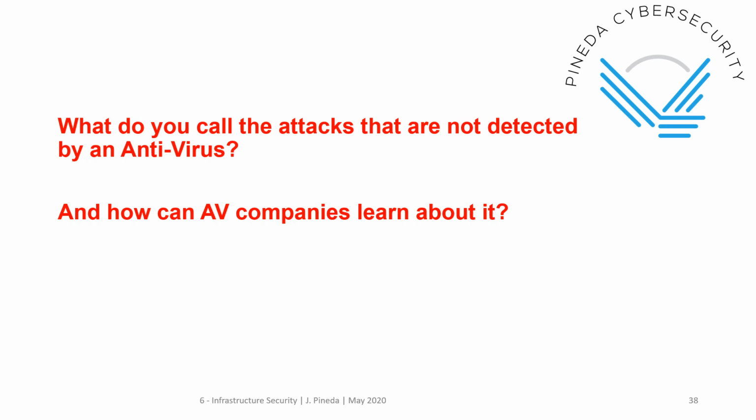Now, let's go to this. Next is, what do you call the attacks that are not detected by antivirus, and how can antivirus companies learn about them? The first one: usually these are called false negatives, meaning there's no signature for it yet.